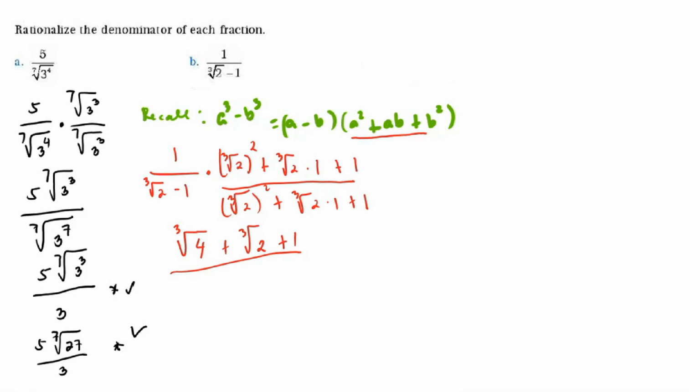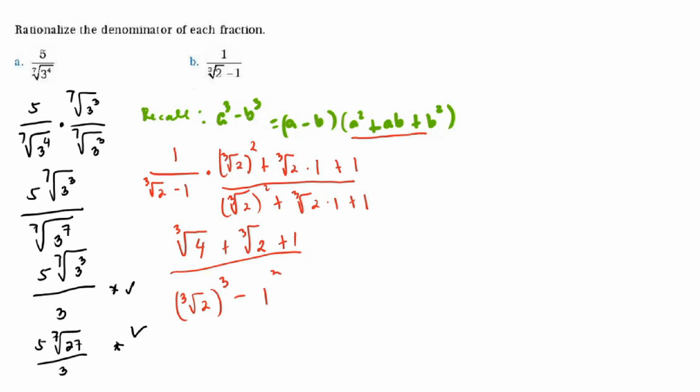So in other words, the product of these two denominators will be equal to the cube of the first term minus the cube of the last term, or the difference of two cubes. So we have to cube the first term, the cube root of 2, raised to the third power, minus the cube of the last term.